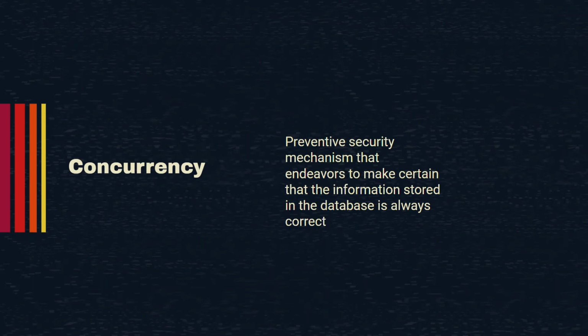We must say that one of the main security mechanisms that the database should have is concurrency, which is a preventive security mechanism that endeavors to make certain that the information stored on the database is always correct. This can be done in many ways, but it's like ensuring that your data is useful data and not corrupt data or data that will mislead.